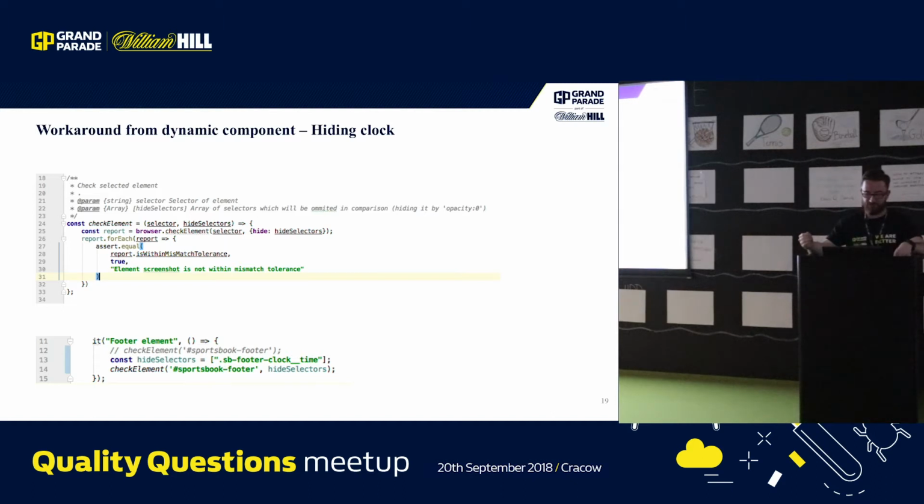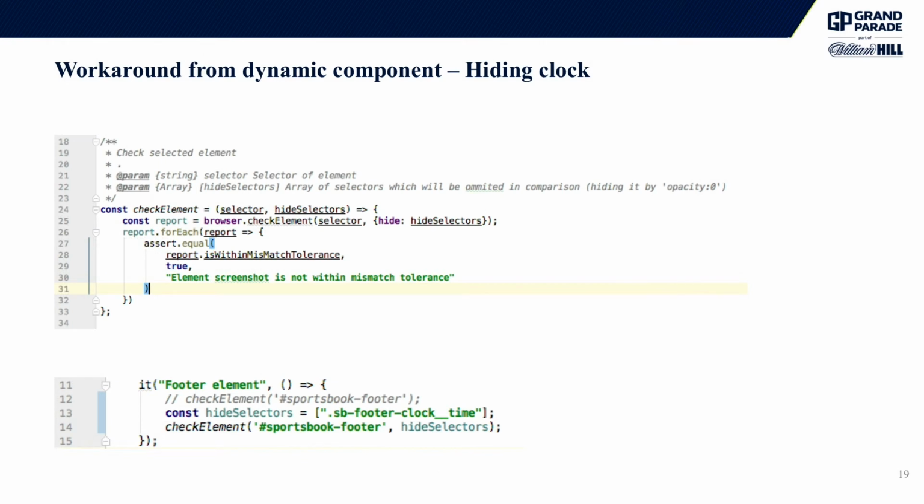Later there is an assertion for every value in the array in the report. Why is this an array? Because in the basic usage of the WDIO visual regression service, we have a parameter which changes the viewport size when making this browser.checkElement call.